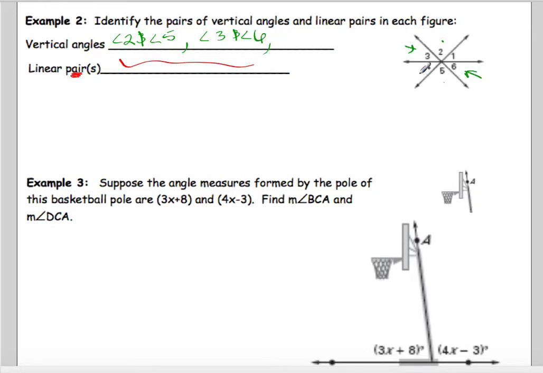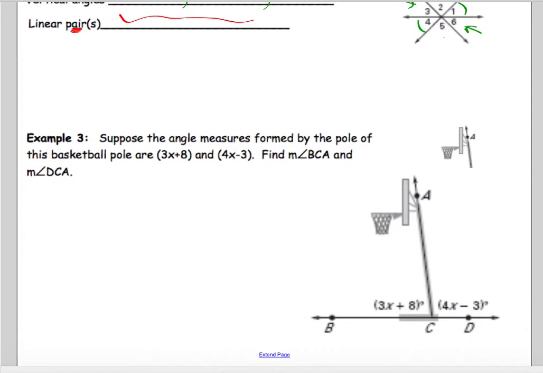We can also have 4, which is right here, matching with 1. Those are linear pairs. Or sorry, those are vertical angles, not linear pairs. I already said, no linear pairs on this one, just vertical angles. So 3 and 6, pair of vertical angles. 2 and 5, pair of vertical angles. 4 and 1, another pair of vertical angles.